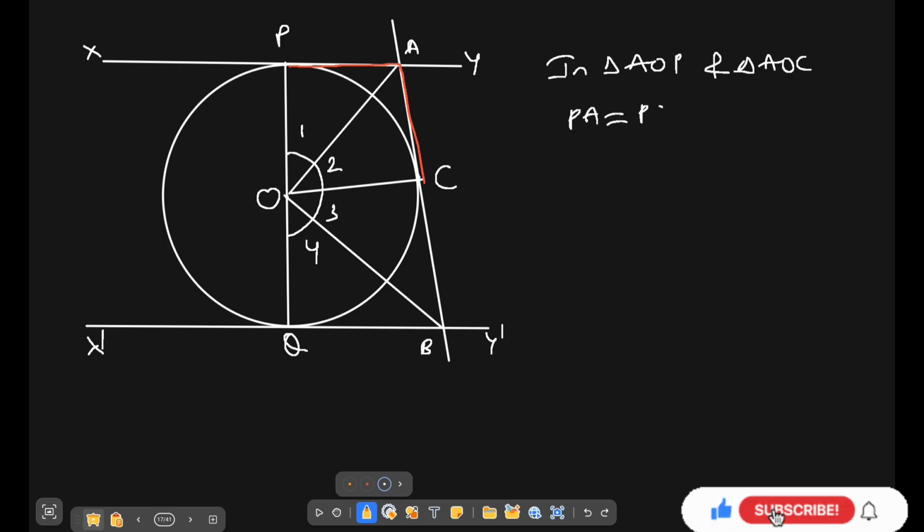Sorry, AP is equal to AC. The lengths of tangents from an external point are equal. So they are tangents from an external point, and they are equal.